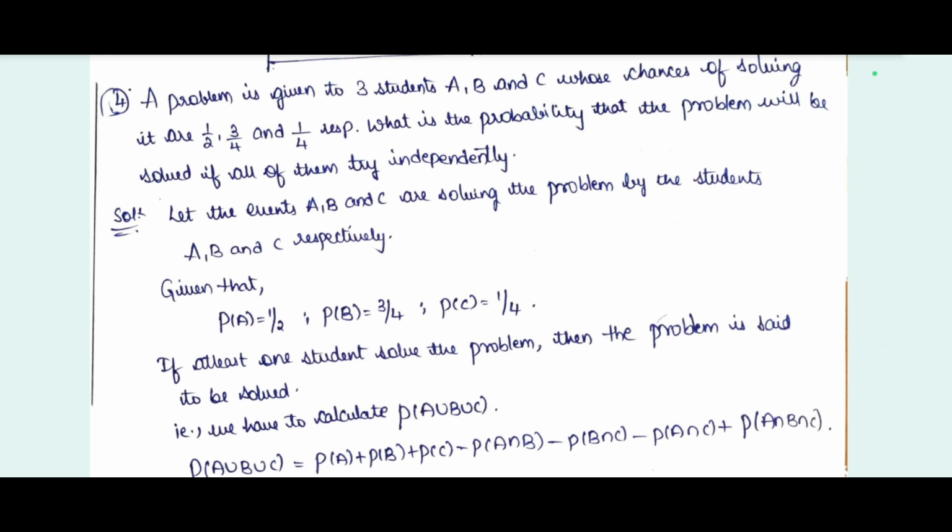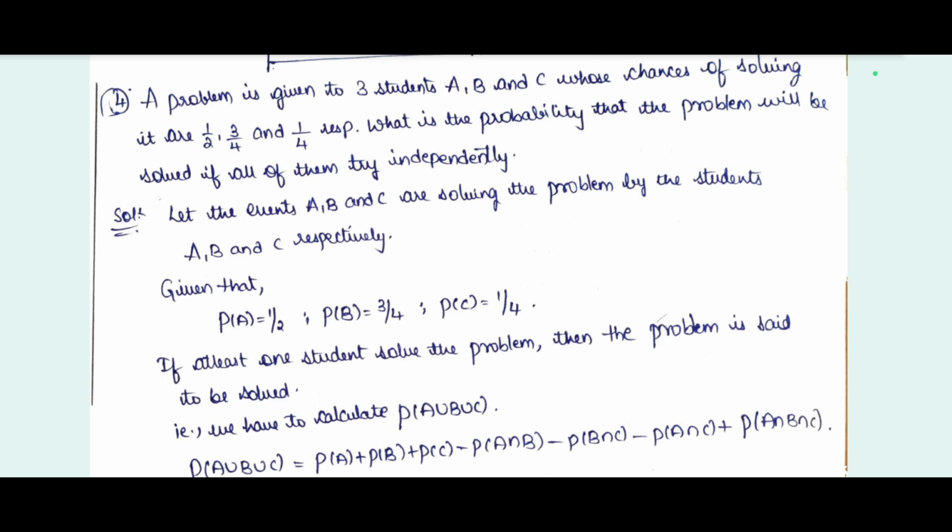A problem is given to 3 students A, B, C, whose chances of solving it are 1 by 2, 3 by 4 and 1 by 4 respectively. What is the probability that the problem will be solved if all of them try independently? Let the events A, B and C be solving the problem by the students A, B and C respectively.